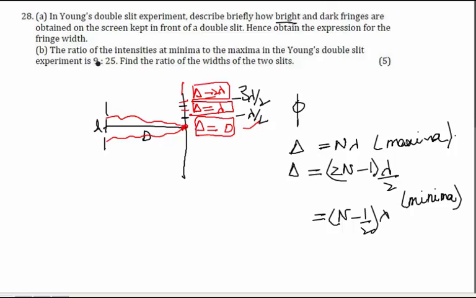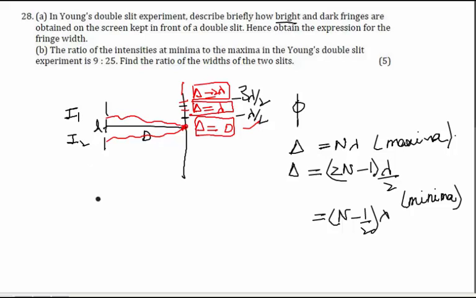So definitely this is happening because these two sources are at different intensities. Say this is I1 and say this is I2. So this is the ratio of I min by I max. So I minimum will occur at a minima and I maximum will occur at a maxima. And they are asking to find the ratio of the width of the two slits.